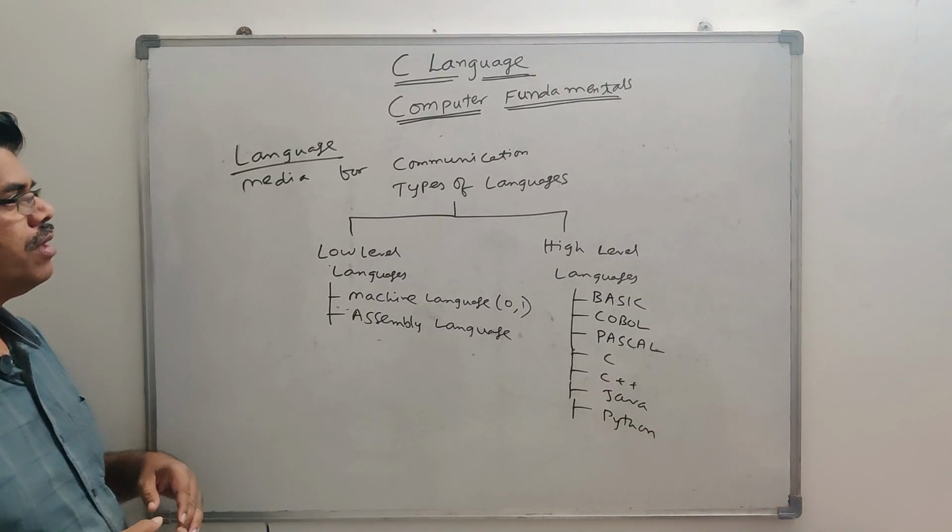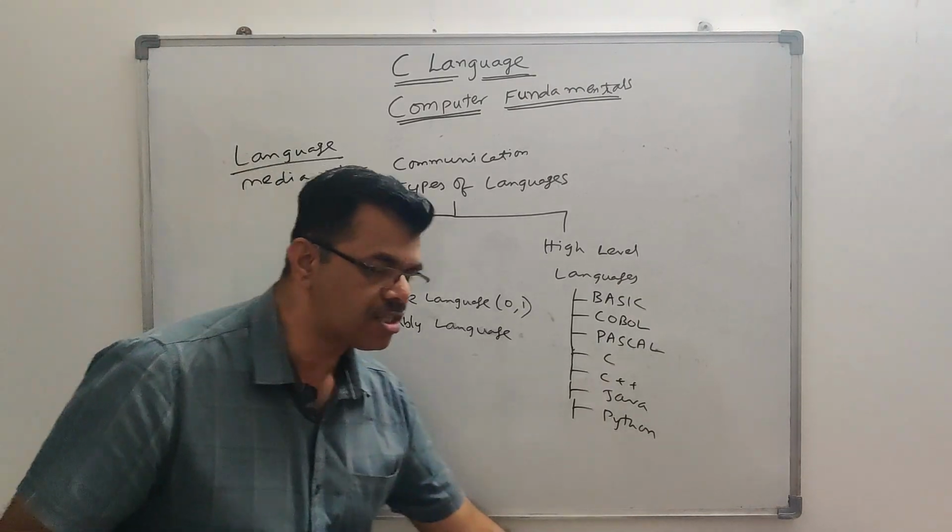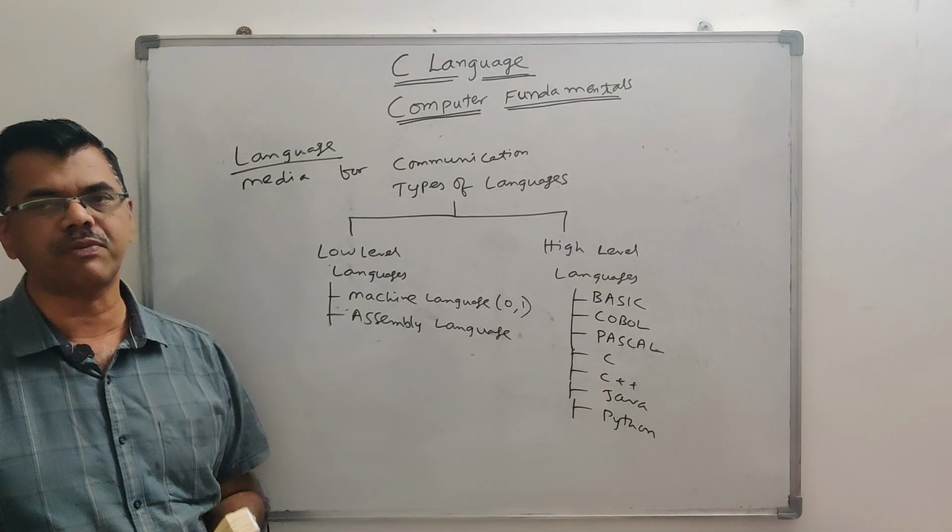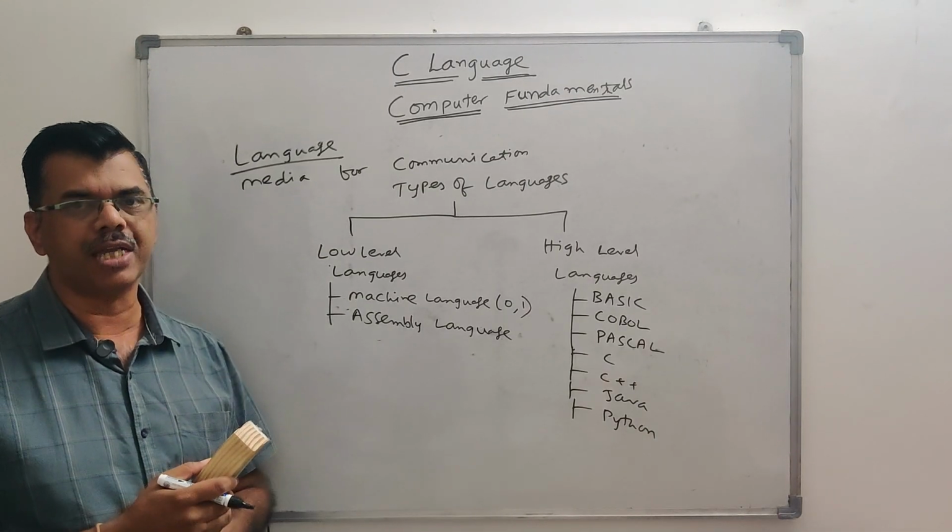Now, we are having what? Software. We are having two types of software, system software and application software.